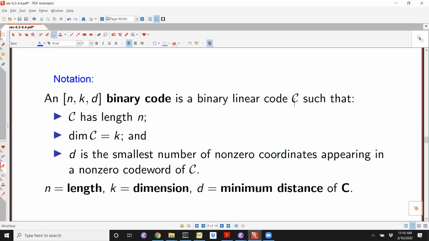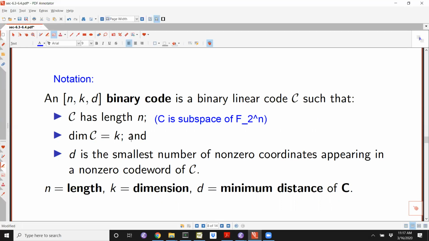An n, k, d binary linear code is a binary linear code that has length n. What does it mean for a code to have length n? It means that C is a subspace of F2 to the n.